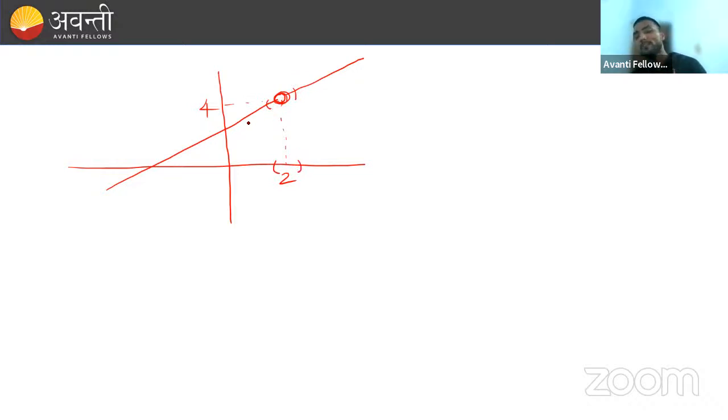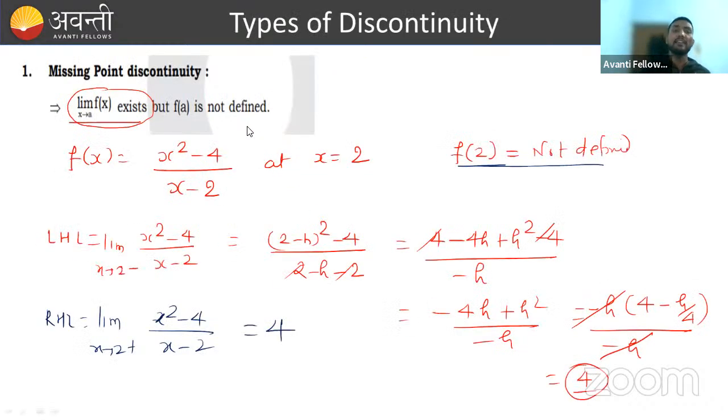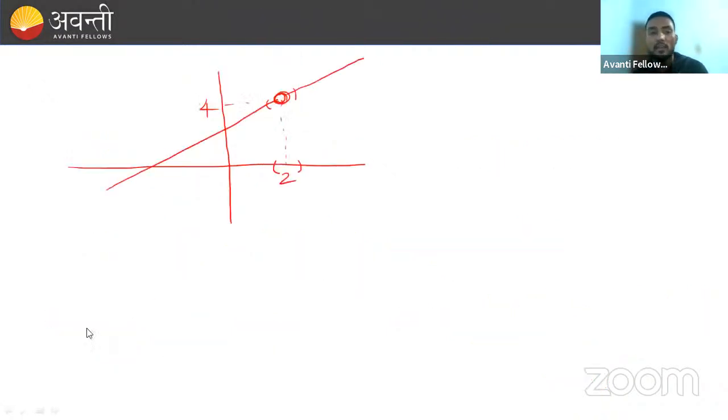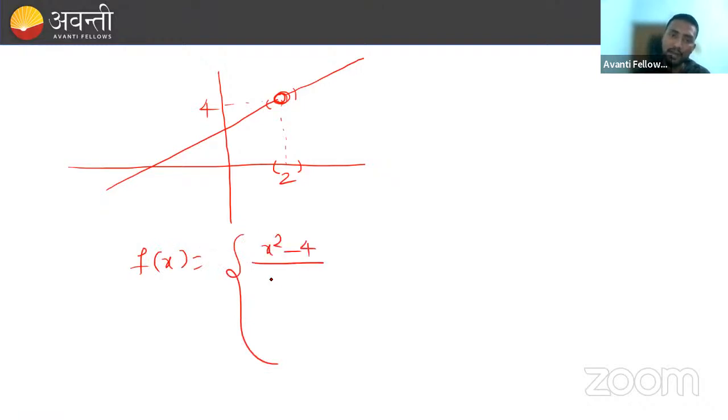So in this case we can remove this discontinuity. How can we remove it? We can redefine the function by assigning a value at a single point. We can write f of x is equal to (x square minus 4) divided by (x minus 2) for x not equal to 2.